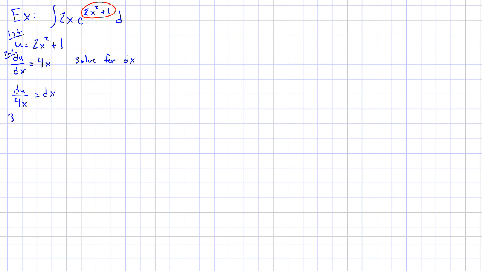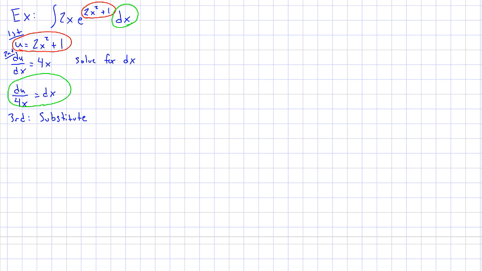The third step was to substitute back into my original integrand. So I have my u that's going to get substituted in, and I have my dx, which will be substituted in. Oh, I only have half of my thing up here. Sorry. It will be substituted in up here for my dx.